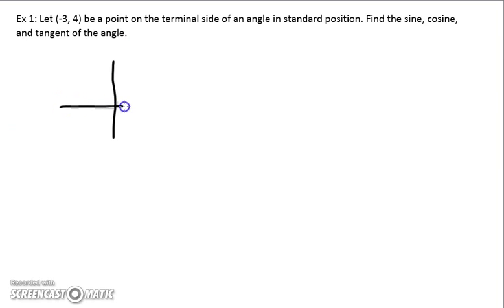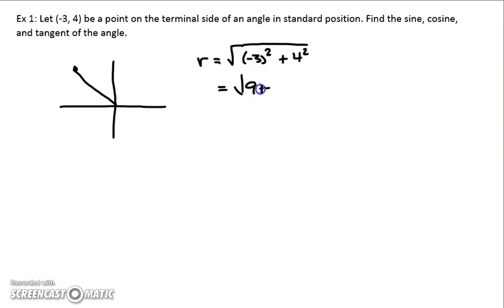So if we think negative 3, 4 is going to be like over here, to find r, the length of that segment, we do the square root of negative 3 squared plus 4 squared, which gives us the square root of 9 plus 16, and that's the square root of 25, which is 5. We think about just the positive, the primary square root, because we're talking about a distance, can't have negative 5. So r is 5.